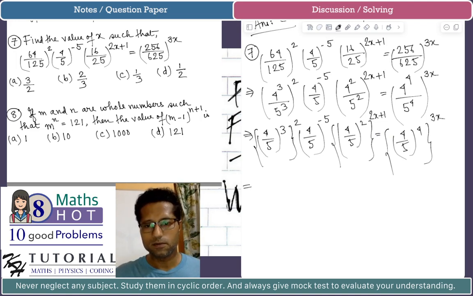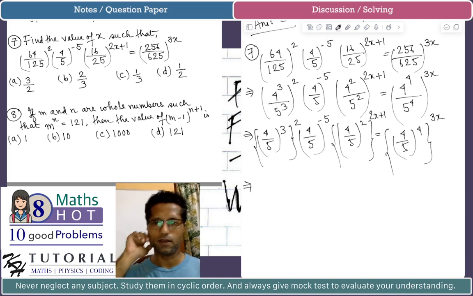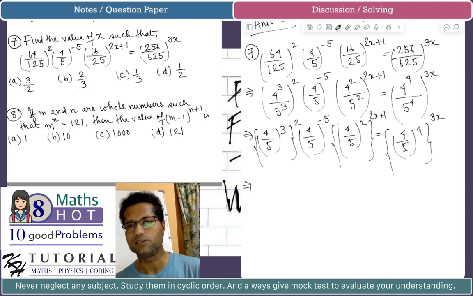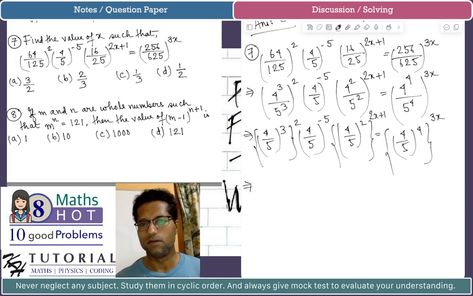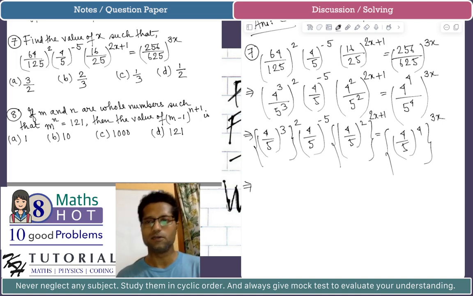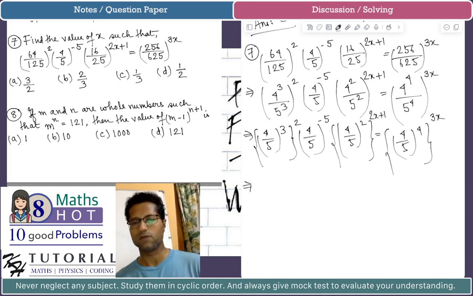Applying the laws of exponents, slowly and carefully you have to solve the problem. The idea is to have the same base on both sides. On the left hand side the bases are all rational numbers where the numerators are all powers of 4, and the denominators are all powers of 5.